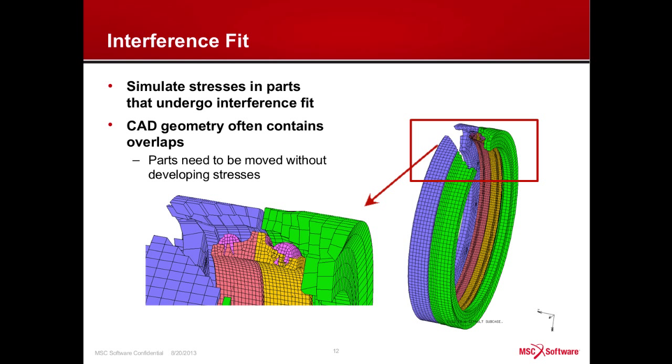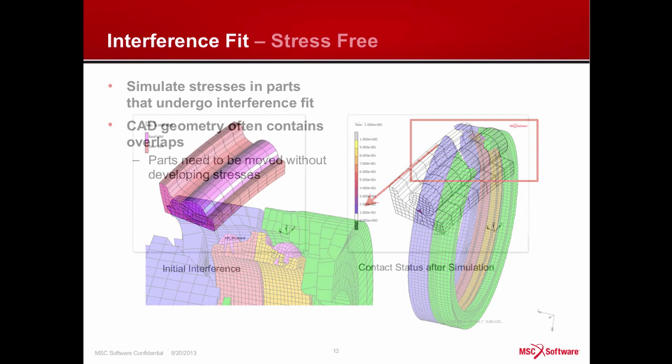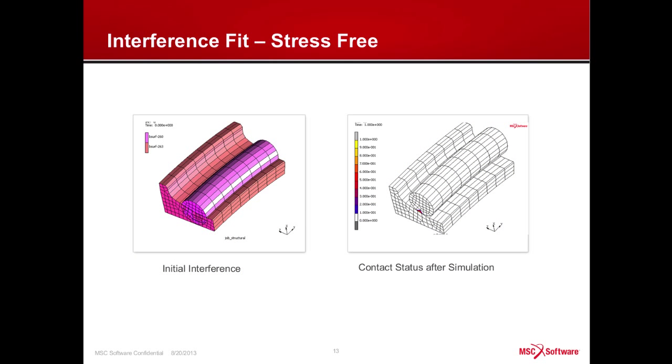And in some cases, the amount of interference itself could be quite high in order to figure out the stresses. So here is one example of the interference, which is there at the beginning, and the stress-free contact after the interference is removed.